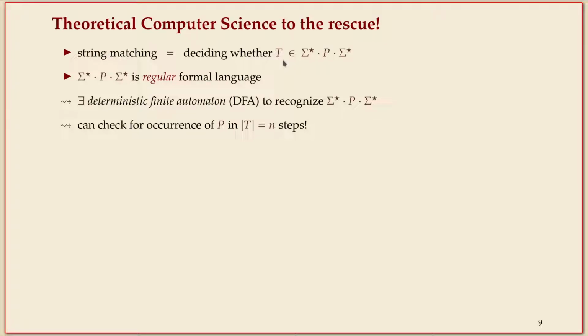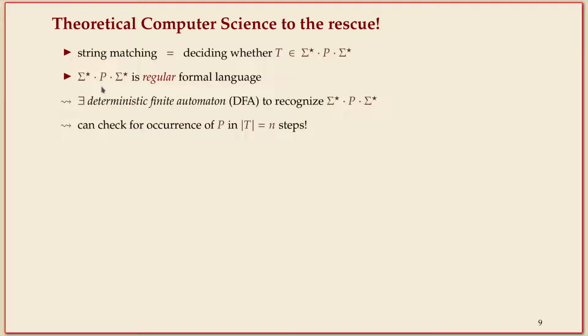Now, that formulation might not have helped you too much, but if you've seen regular expressions, regular languages before, you may remember that this is a regular expression. The Kleene star is a regular expression operation and concatenation is, and so you can write this as a regular expression.